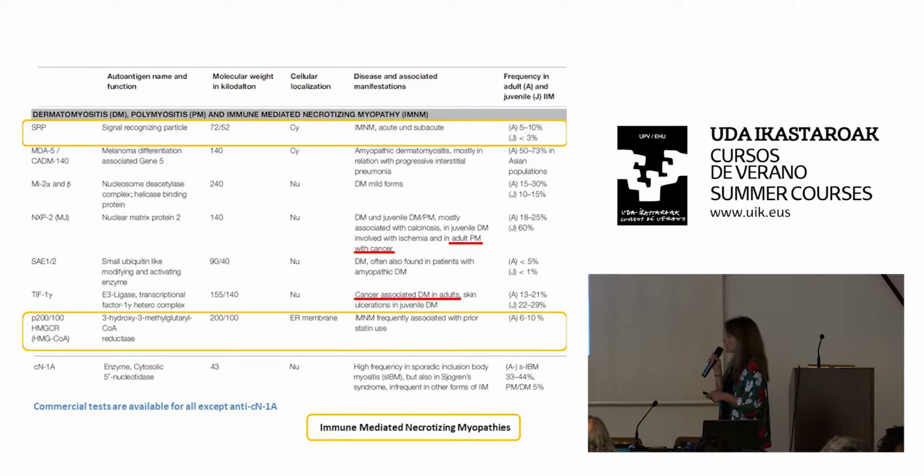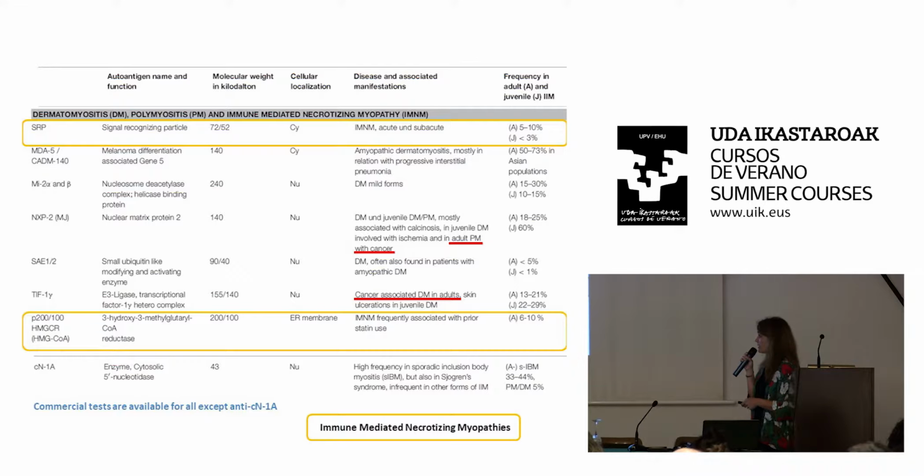Of interest, for some of the autoantibodies, if you detect these antibodies, most of the time they are associated with mild forms of dermatomyositis that respond well to corticosteroids. So you have an association between the autoantibodies and the classification and the prognosis of your patient.